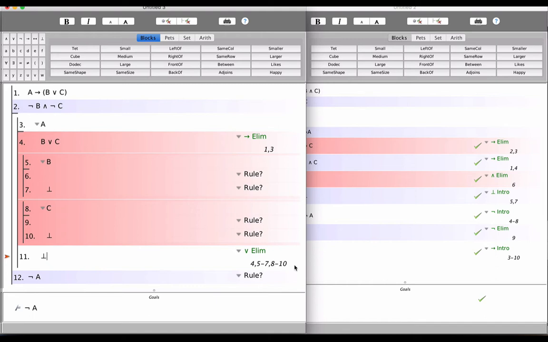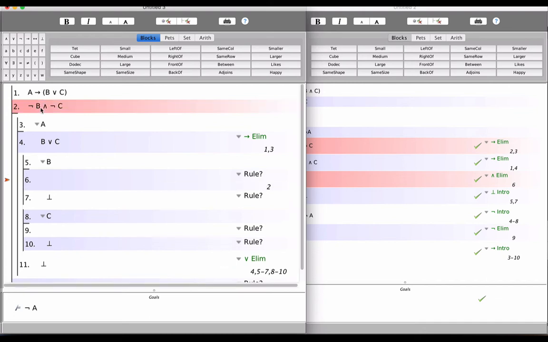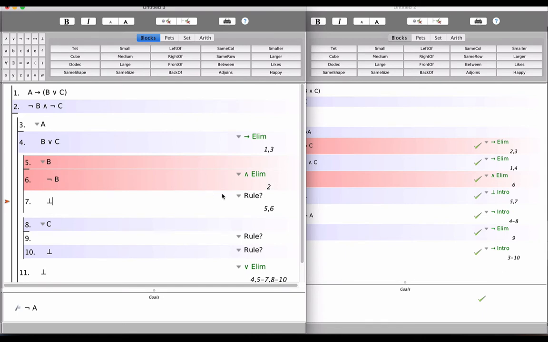Okay, so we've got our blueprint. Now let's connect the dots. If we have B and we're looking to generate a contradiction, let's look no further than line 2. We can eliminate the conjunction, that is, dismantle the conjunction, and then assert the contradiction. Once we're done with the first of our 2 subproof sequences for the disjunction elimination subproof beginning at line 4, we're ready to move on.